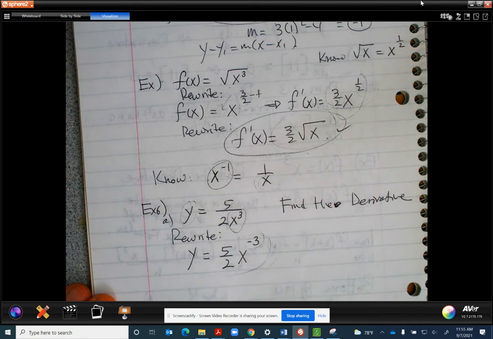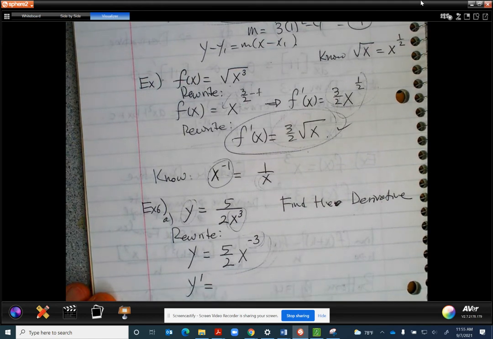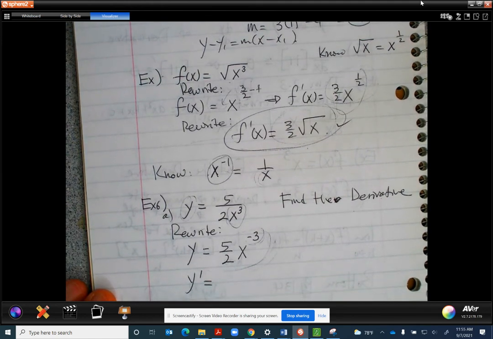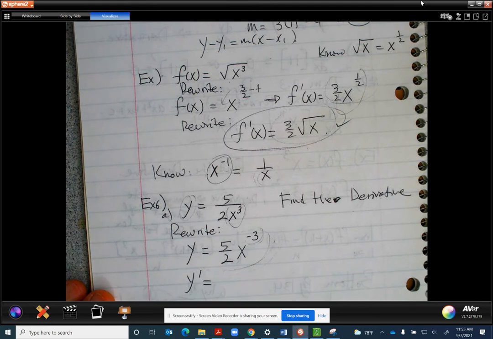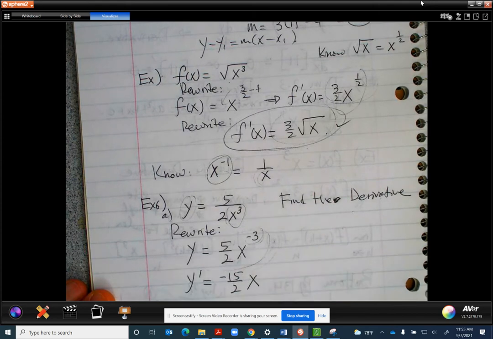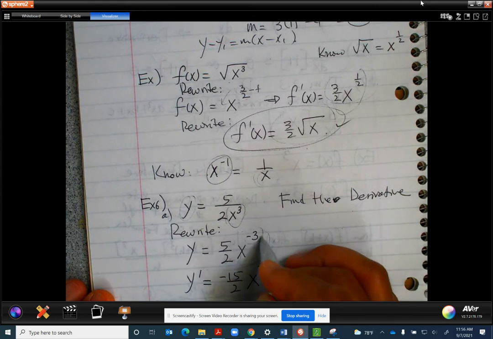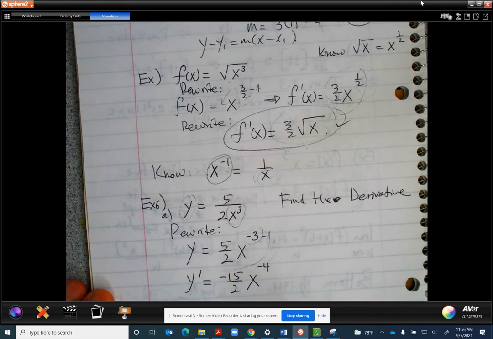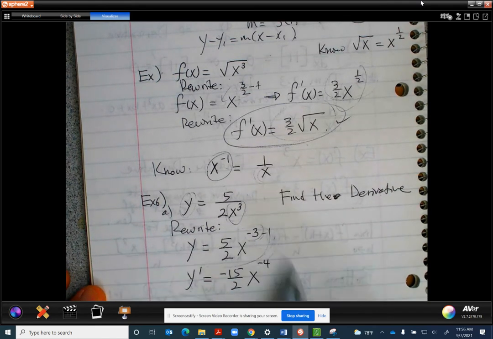Alright, so go ahead and use a power rule. So what is y prime equal to? Negative 15 over 2 x to the power of negative 4. Very good. Minus 1 will give you negative 4. Again, you don't want to leave your answer like this.